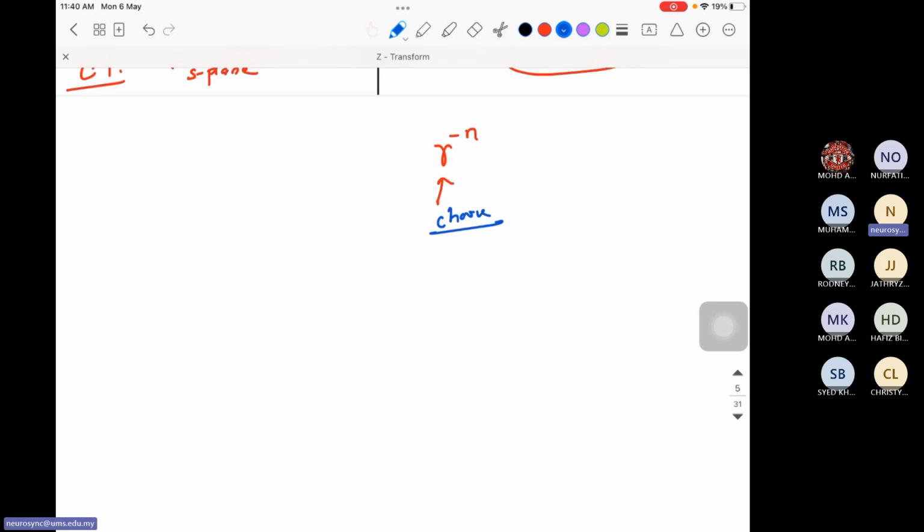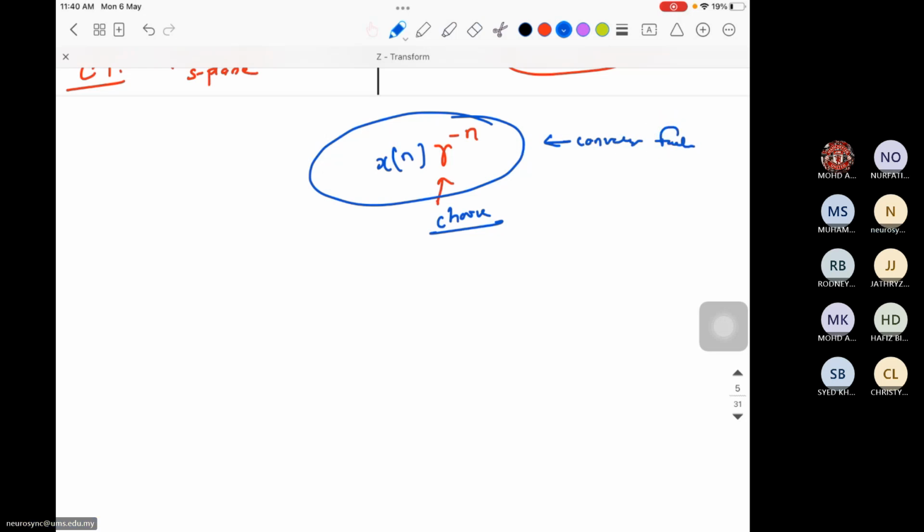This r has to be properly chosen so that x of n times r to the power minus n has a Fourier transform. So this is the convergence factor.